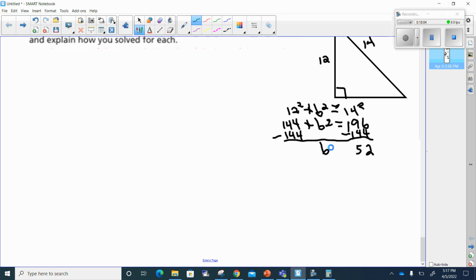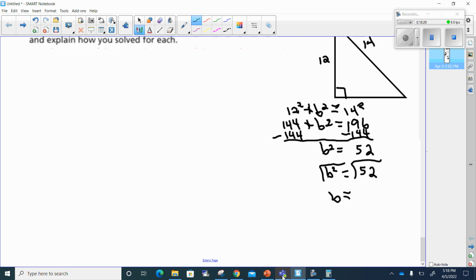So b squared is going to be equal to 52. And just like we did before, we can say the square root of 52 is going to be equal to the square root of b squared, because then that will just be b.